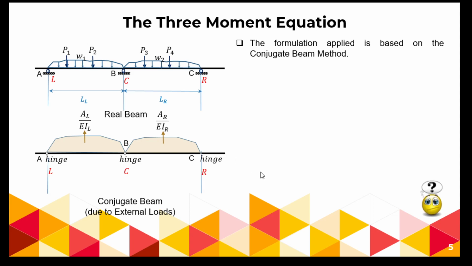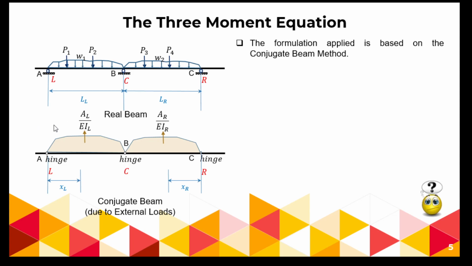Then after that, you are going to locate the centroid of the M over EI diagram. Pangitaon nyo iya centroid, based on a specific reference. Ara na siya. So this means here, sa left sang aton nga point B, kamuni ang aton nga span.